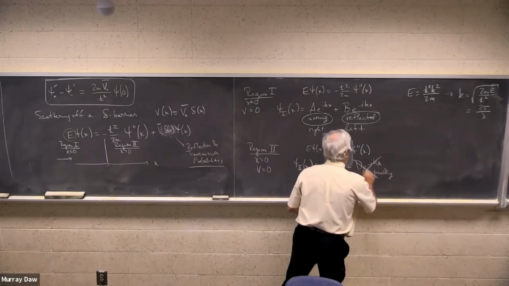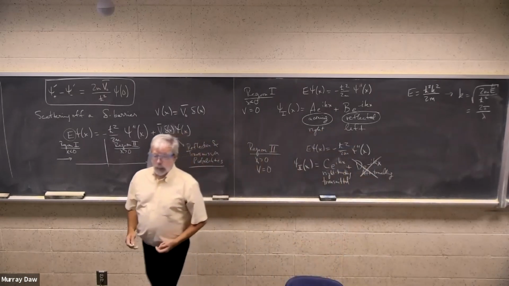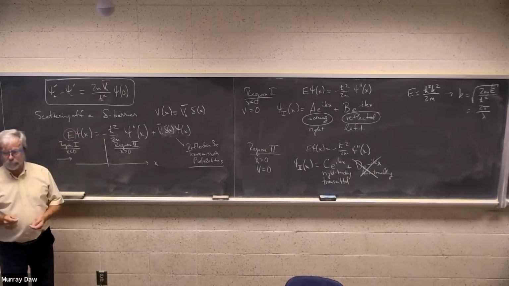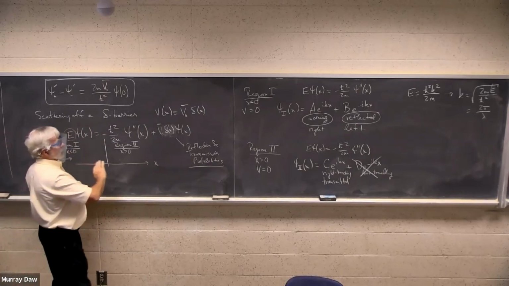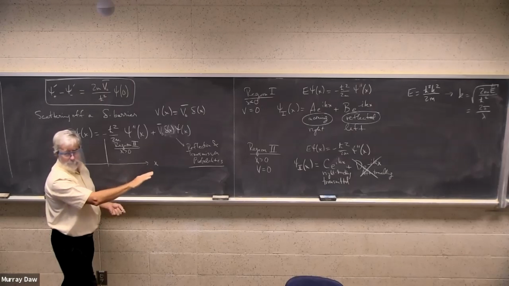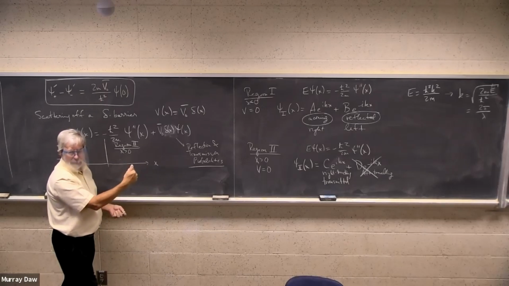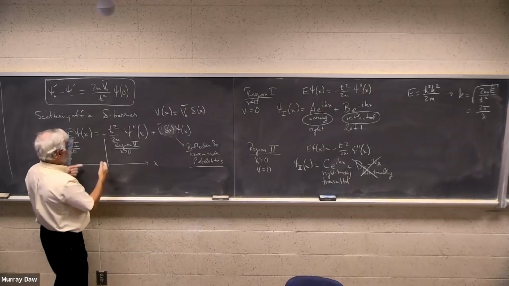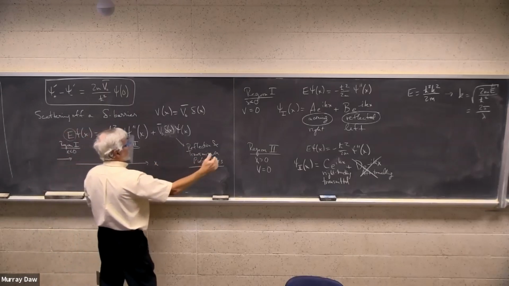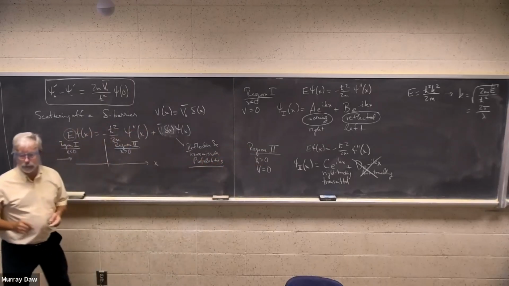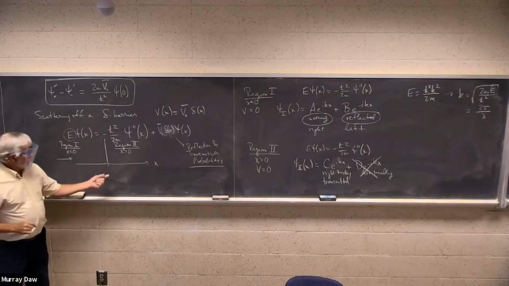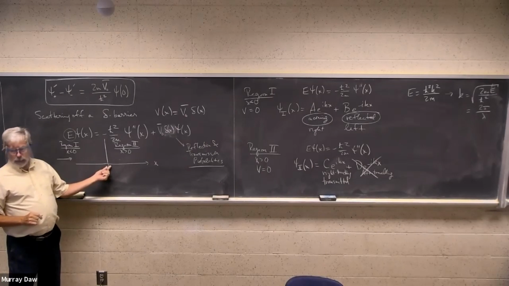This has to be 0 because there's nothing over there that's going to be pumping electrons in. There might be, if there's another barrier over there, then we'd have to have something. But then we would have 3 regions. Right? We'd have this region and the region in between the 2 barriers and another region. Right? So we only got 1 barrier divided into 2 regions. And then we're going to stitch them together here.